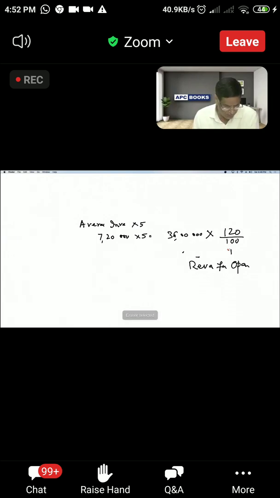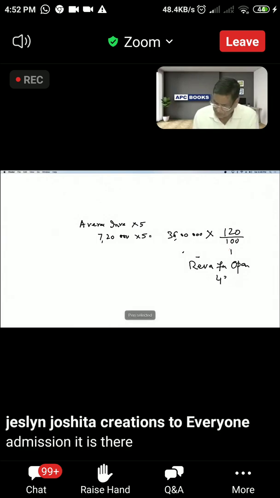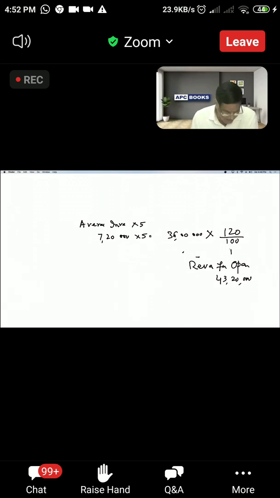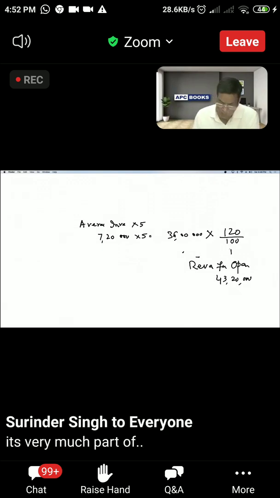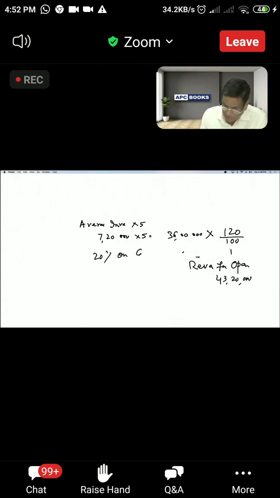In this question, it comes to 43,20,000. If we focus on the gross profit ratio, in this question it is 20% on cost. Cost is 36 lakh. GP is 20% on cost.